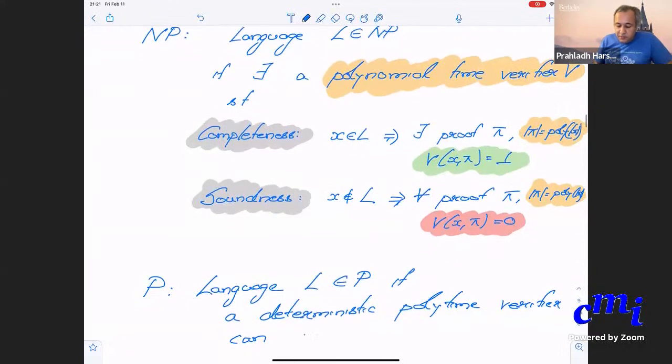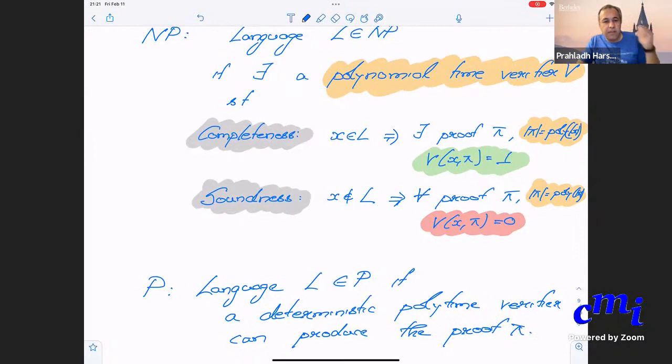It's only those statements for which you can produce the proof yourself. That's the difference. P is usually defined as those problems which can be solved efficiently. I'm saying those problems for which you can come up with the proof yourself by a polynomial time verifier.